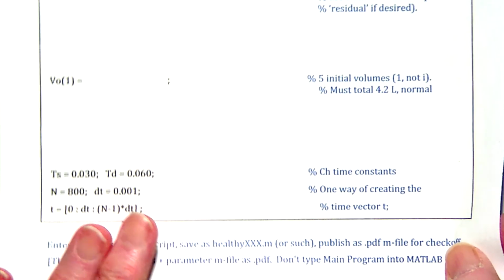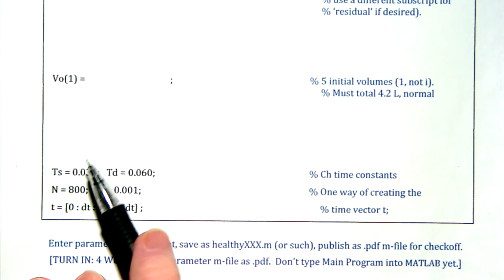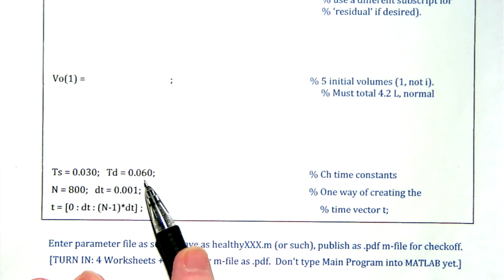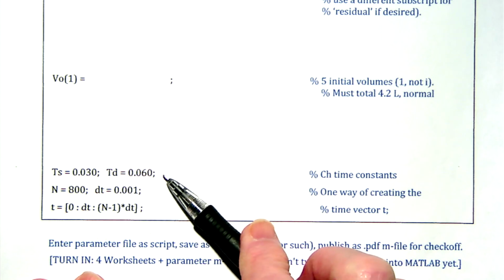Going on, we'll enter in the time constants for the exponential rise and fall of CH, the compliance in the heart, both during systole of 30 milliseconds and diastole of 60 milliseconds. These values come from a Johns Hopkins study that I will talk about in next week's lab.